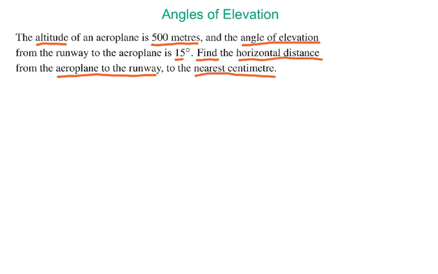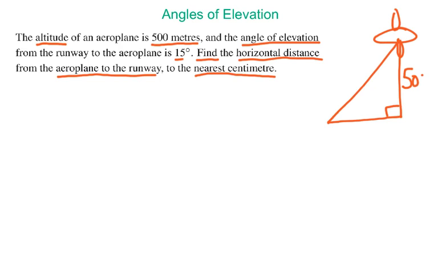Now, I'm not an extremely good drawer, so I'm going to do the best that I can with this. So we have an aeroplane that is in the air over here, and it is above the ground at 500 metres. That's the altitude.